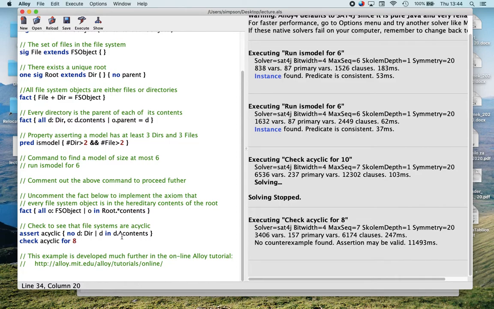But in general, one would like the computer to do the work, as I said last time, so it's nice to be able to use Alloy to explore whether or not it looks like this property is likely to be true. So here we're trying to check whether this condition is likely to be valid, true in all the models of the axioms, because we have cause for hope here.